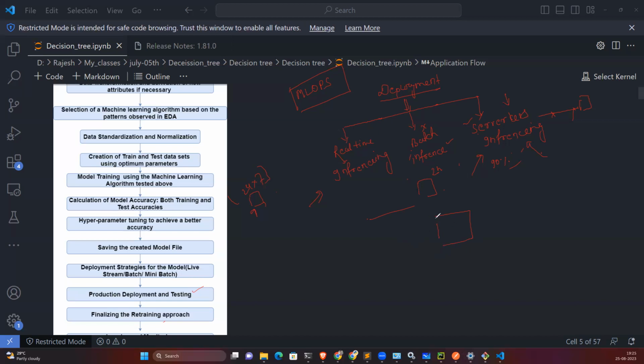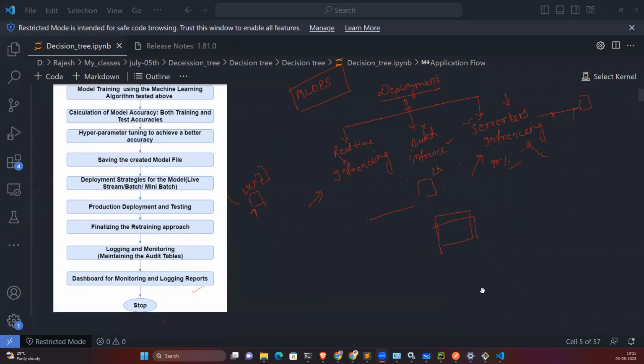So with time, model performance will get reduced and degraded. So we always have to follow some retraining approach, and we can go ahead with these things, right? So we have to do the retraining.